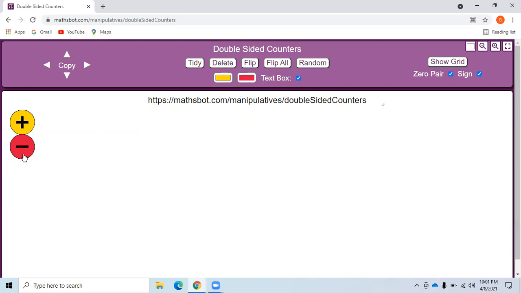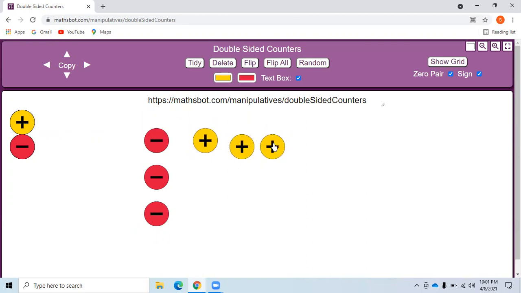What about -3 and 3? I have three negatives. That's -3. And three positives, +3. We can pair up these counters.